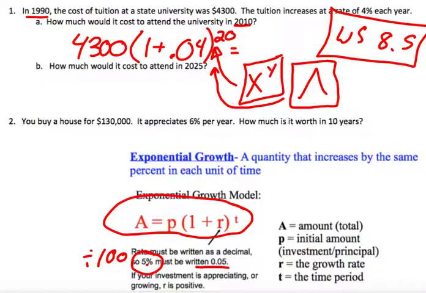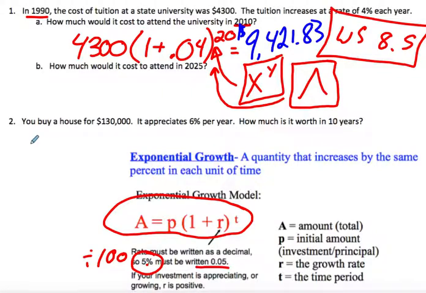This is called the caret key. When you use the caret key, the 20 that you write after it won't actually show up as an exponent, but if the caret symbol is in front of it, your calculator will know that you mean it as an exponent. Your final answer there should be $9,421, and we'll round to the nearest cent, so 83 cents.